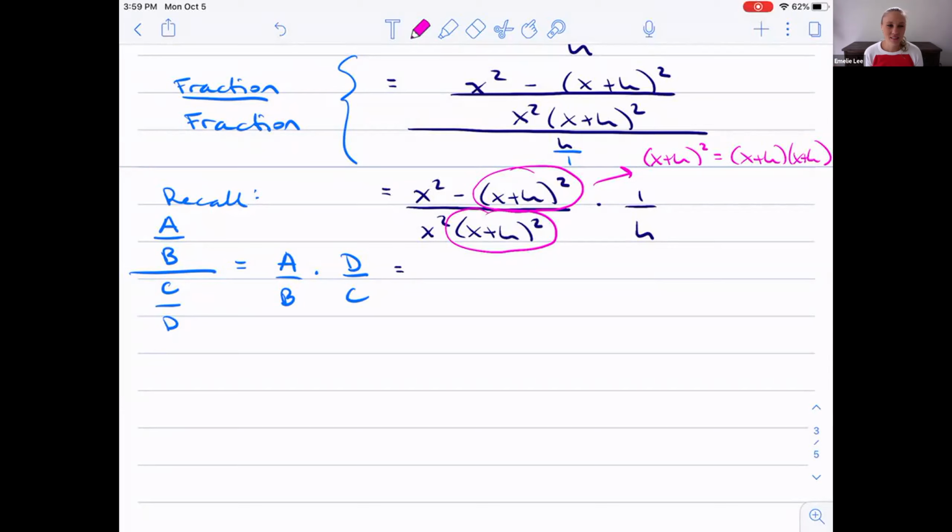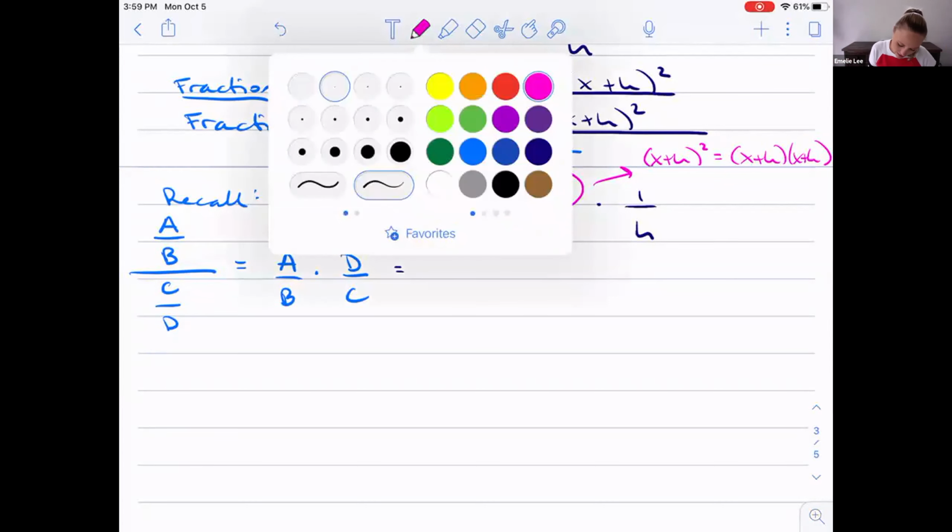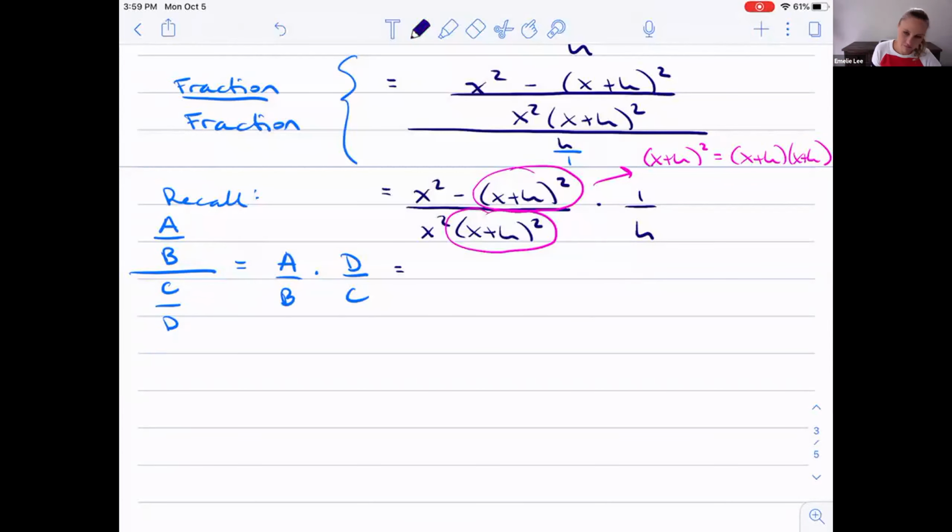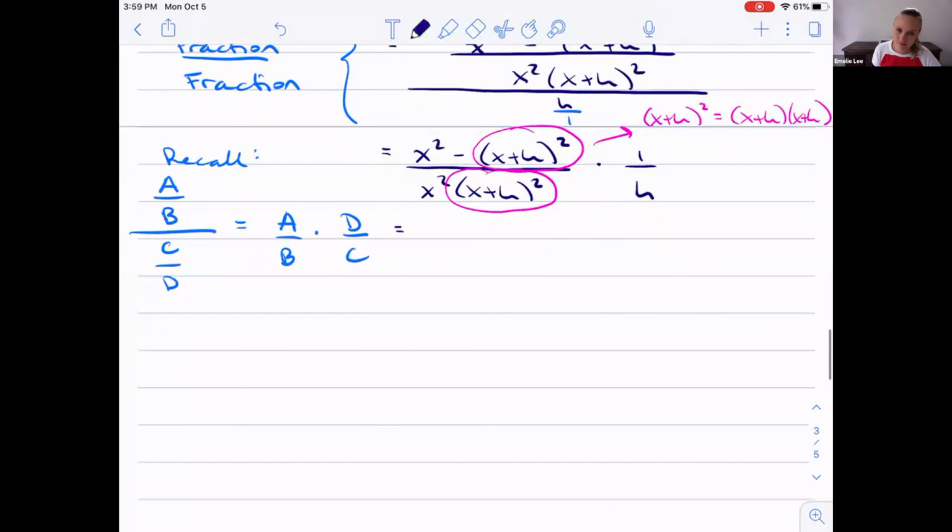So now we've got x plus h times x plus h. When you're expanding these, you can use FOIL or whatever you like. I don't actually love FOIL. It never made sense to me, but if FOIL makes sense to you, then go ahead. I just expand stuff. So we've got x squared minus x plus h times x plus h.